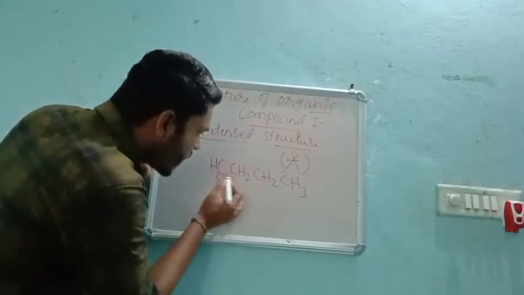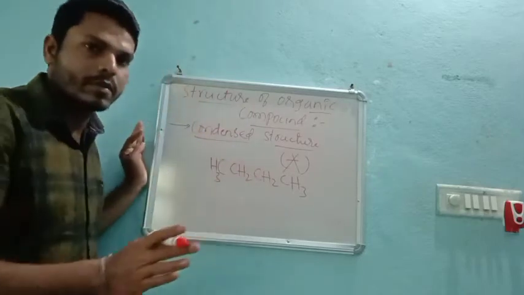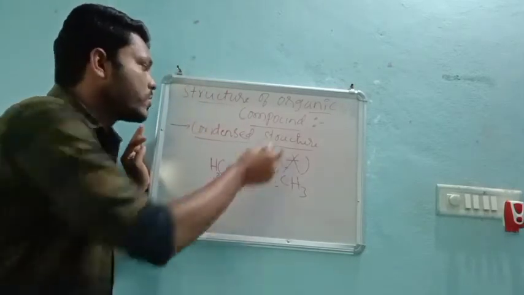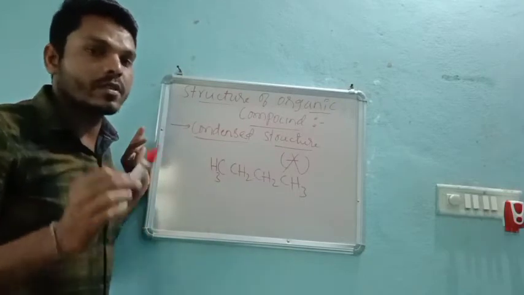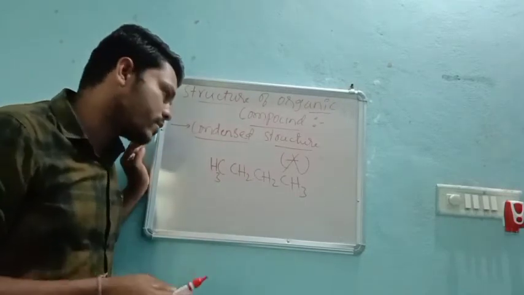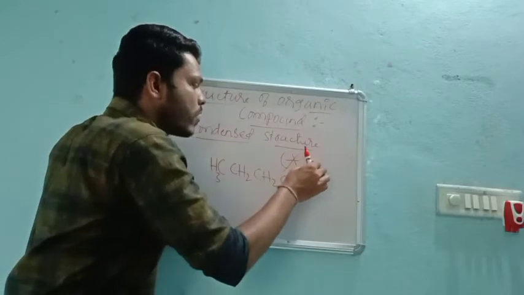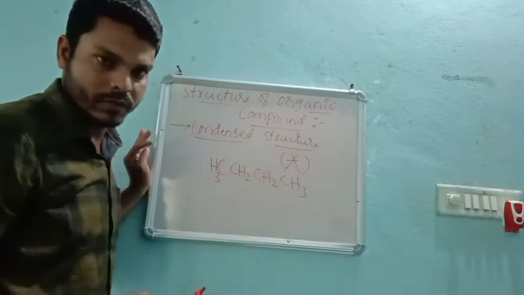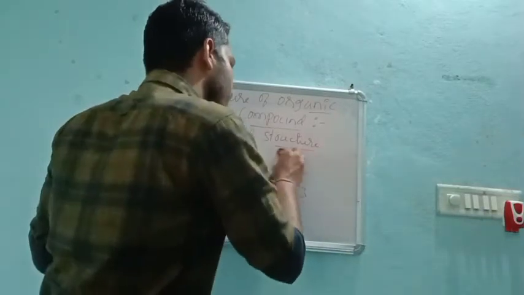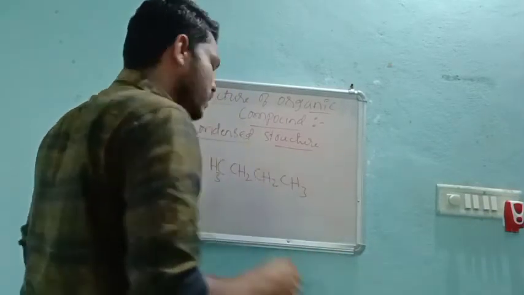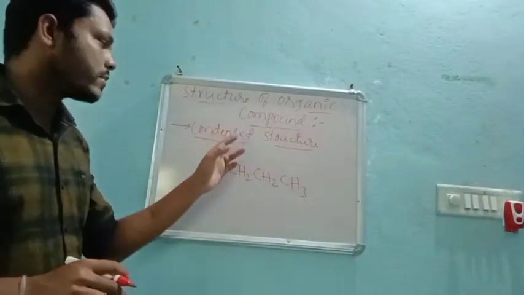There should not be a dash between any atoms. So with a dash, it is complete; without a dash, it is a condensed type of structure.